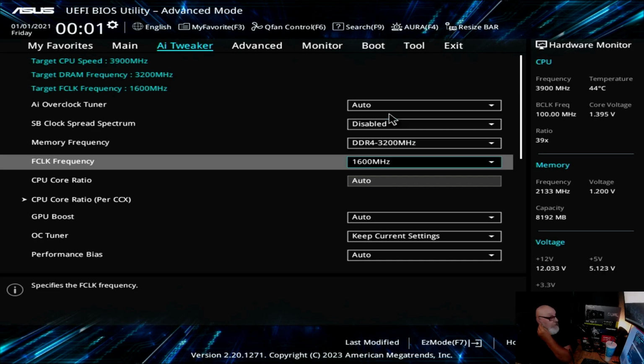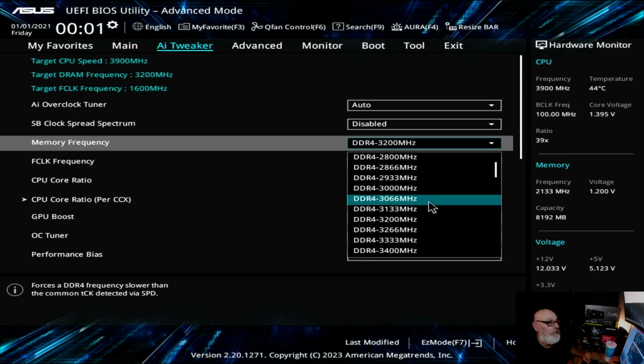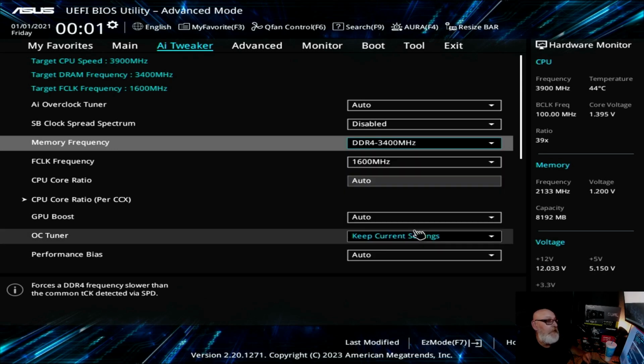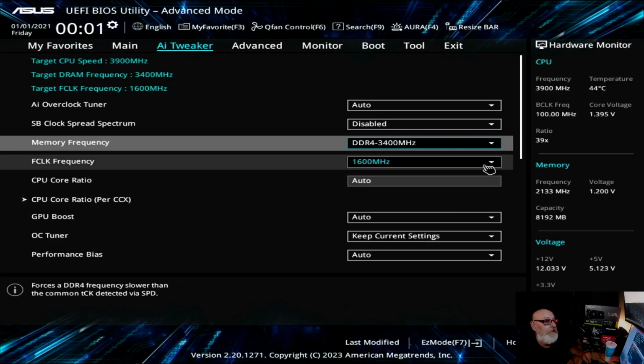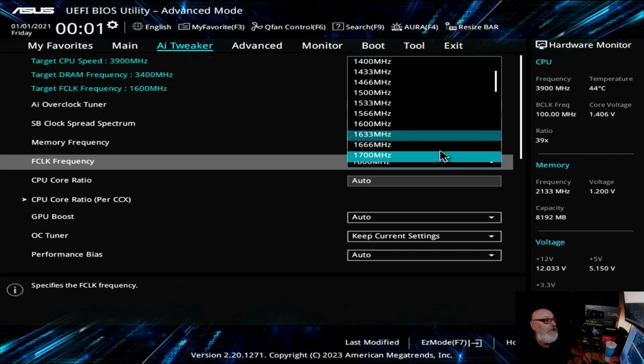Now, you can always do this. I sometimes will go up and test the RAM at 3400 and I'll put this at 1800.